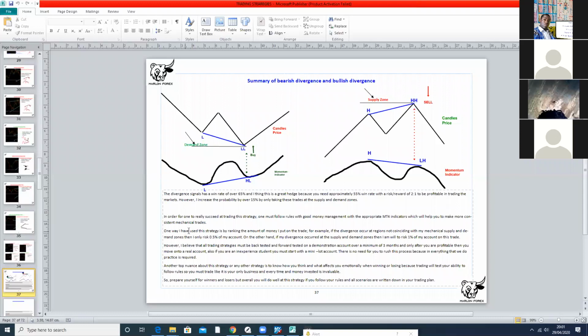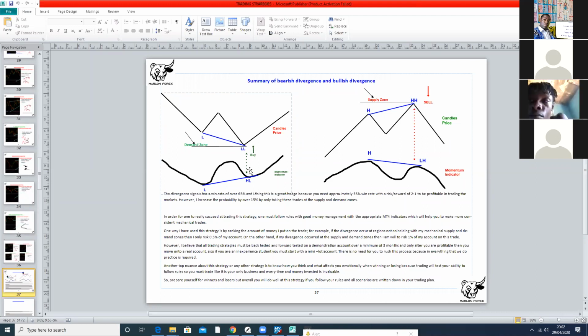Now, one way I have used this strategy is by ranking the amount of money I put in a trade. So if I normally would risk 50 pounds, say my normal trade size is 50 pounds, and I've got 3 different setups.